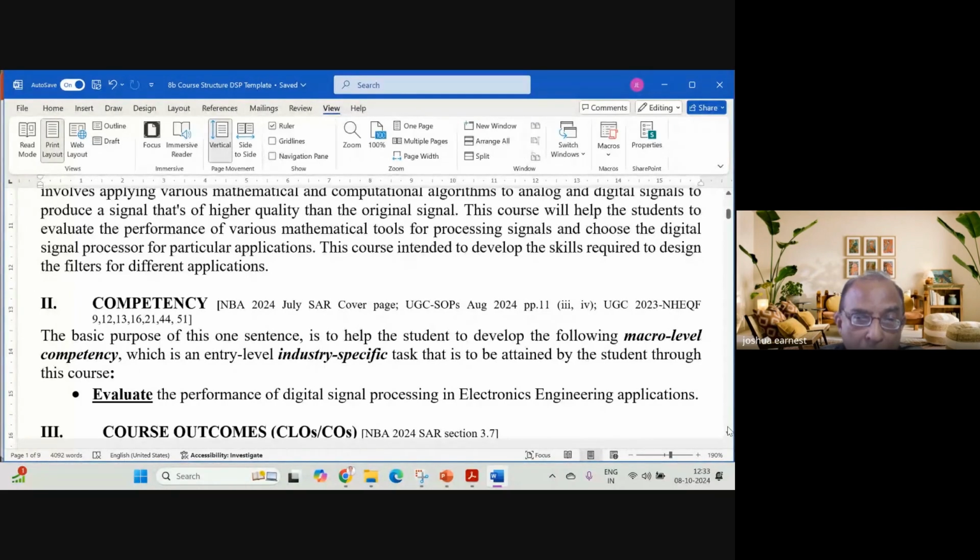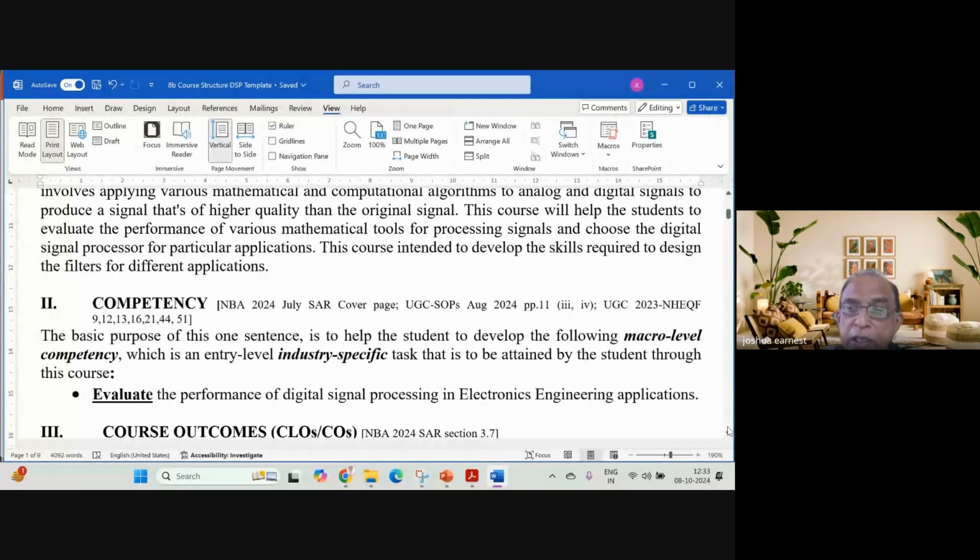The basic purpose of this one sentence is to help the student to develop the following macro level competency, which is an entry level industry specific task that is to be attained by the student through this course. When he knows this competency, even if you don't teach, the student can learn on his own by going to the internet, going to Google, seeing the video programs. He can do many things.